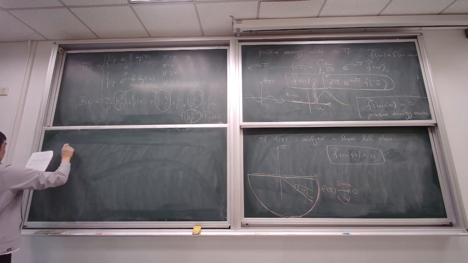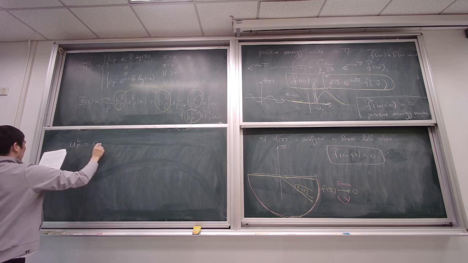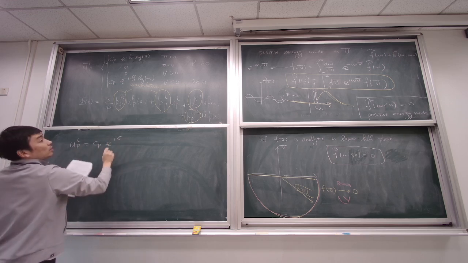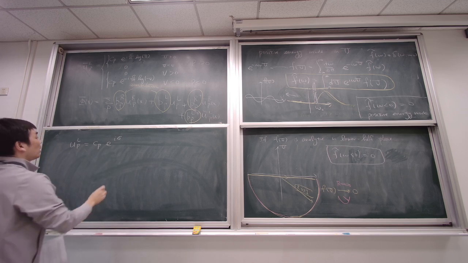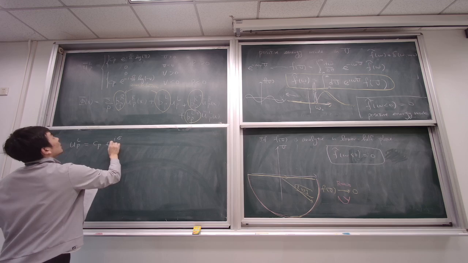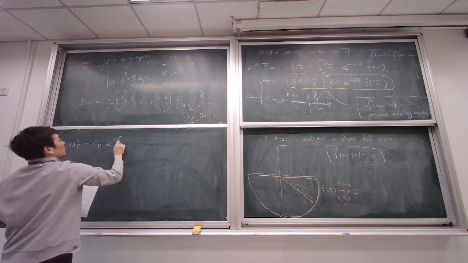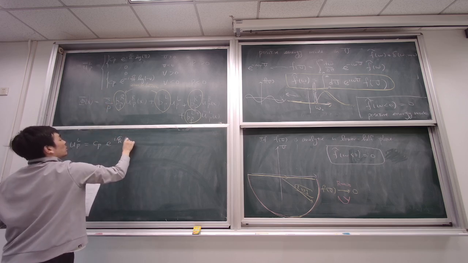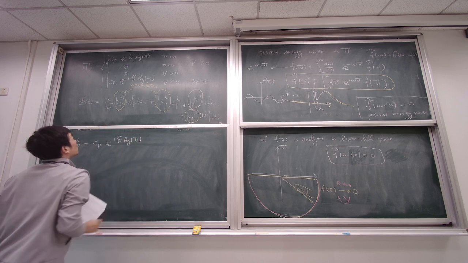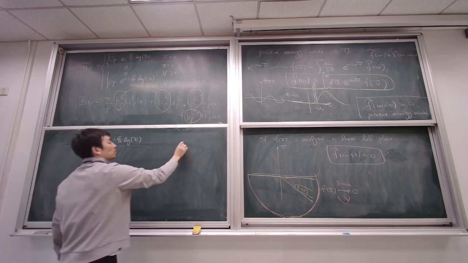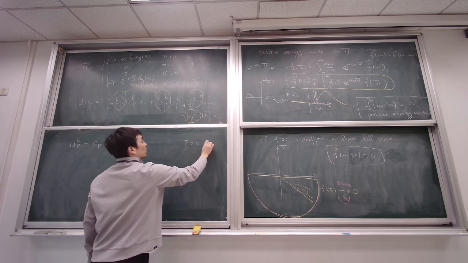L of P is equal to Cp e to the I sigma over kappa log U. This is when P is positive and U is positive.